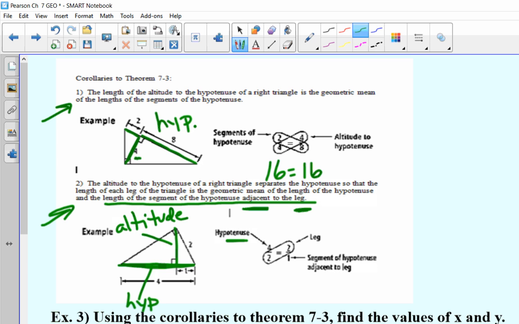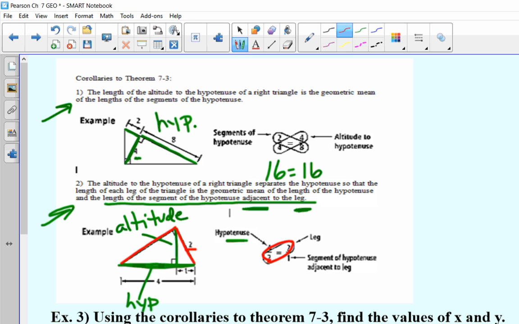I've got two legs, this leg and this leg, and I need one that's adjacent to the hypotenuse. Well, both those legs are adjacent to the hypotenuse, but they give me this one. So I have choices here, but my choice is kind of forced on me by what they give me. And that leg is the geometric mean.